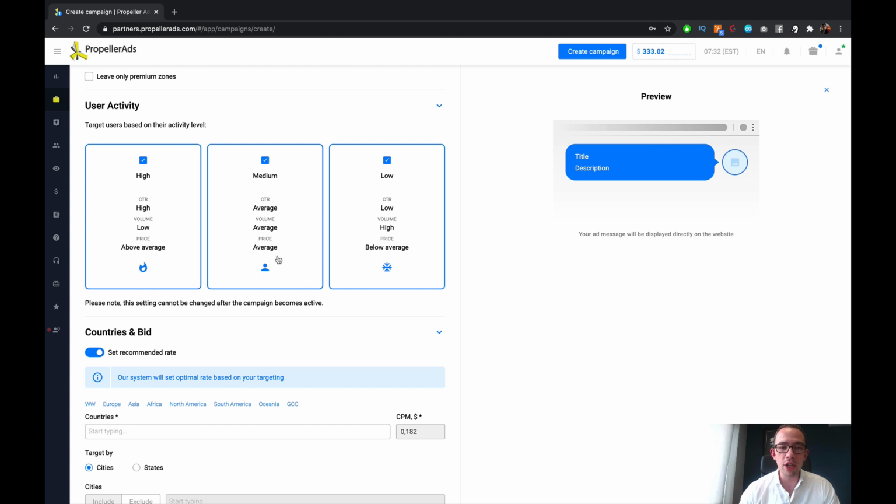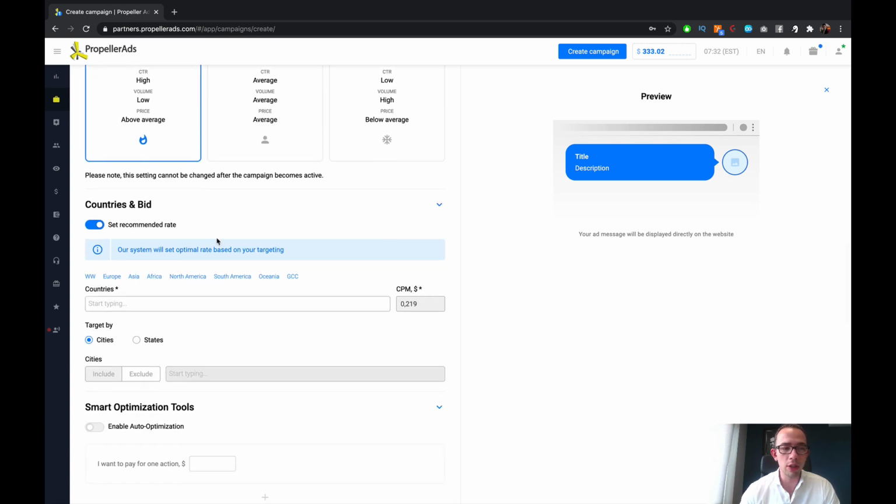Medium is average, average, average, and on low, the click-through rate is low, they have a lot of volume available for you to buy, and the price is below average. So I like to test on either high or medium, because I want true data. On low, you have a lot of bot traffic. It's just not worth it to test, in my opinion, on low.